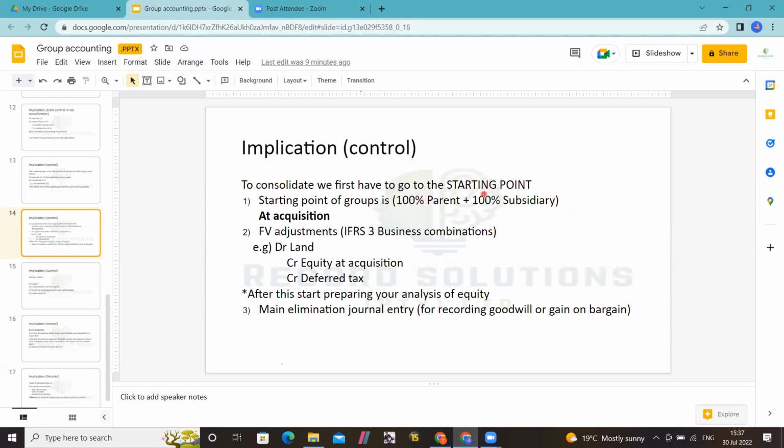At acquisition, you did well by adjusting this thing. So let's say this was PPE, and you created a debit balance for it, right? So let's say the PPE here was 80,000 and then the fair value was 100,000 and you increased the fair value of it. So you debited PPE and credited equity acquisition and this deferred tax, right?